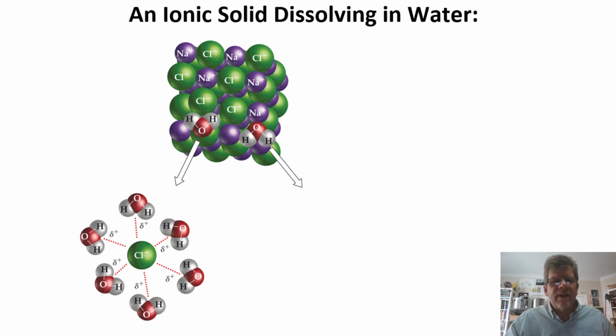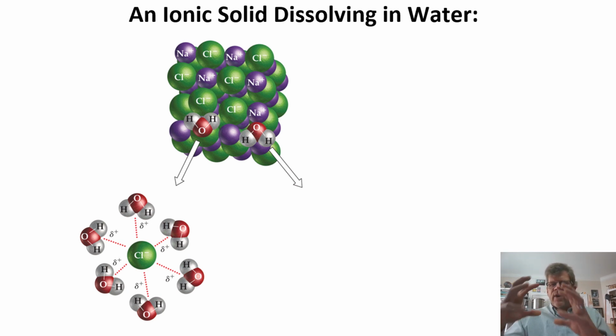And look what's going on here. Here's a chloride ion, negatively charged in the center, but it is completely surrounded by water molecules with the positive dipole, these Mickey Mouse ears, if you will, pointing towards it, because opposite charges attract. It's not a full charge on those water molecules, but notice the positive dipoles on the water molecules are pointing directly towards the negative charge on the chloride ion.